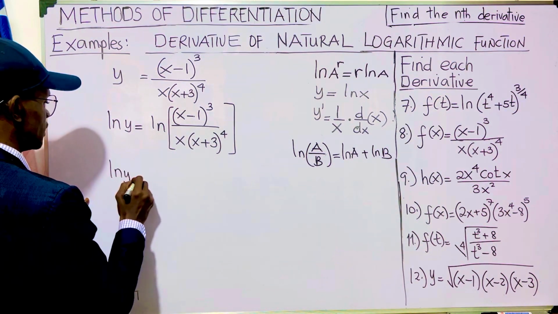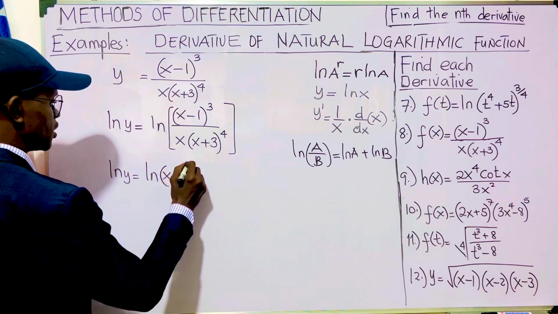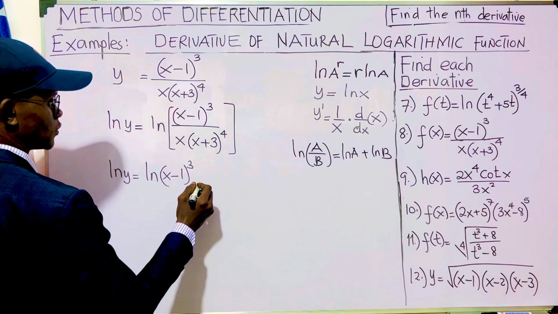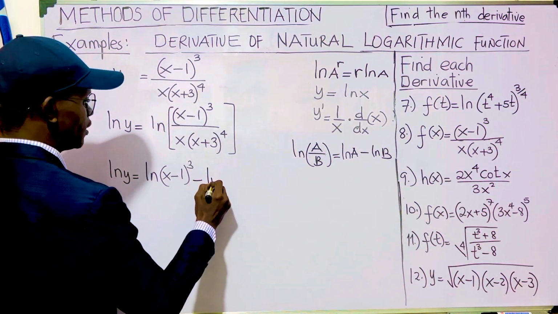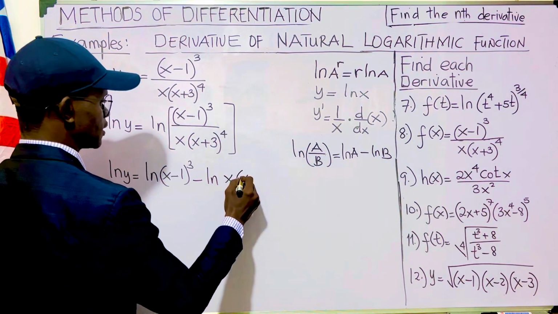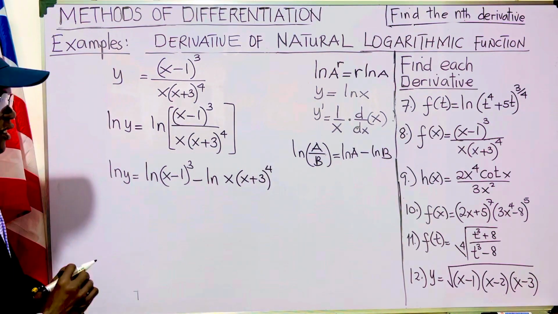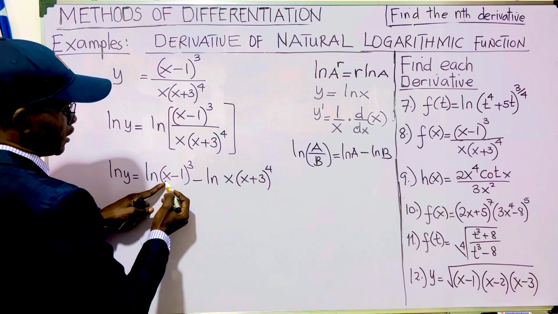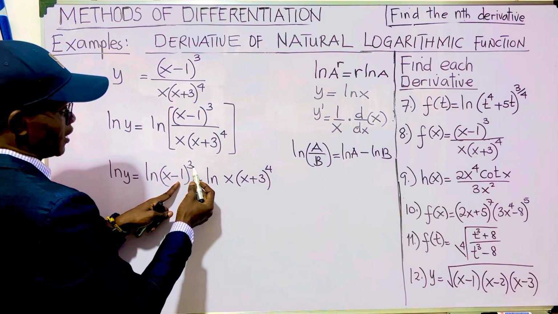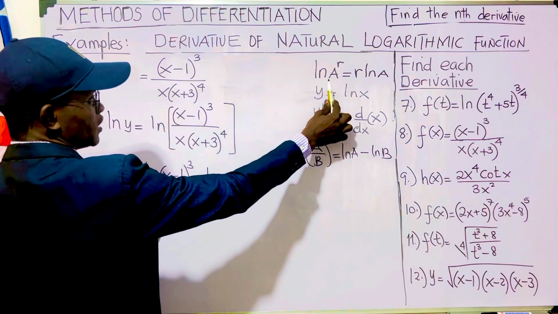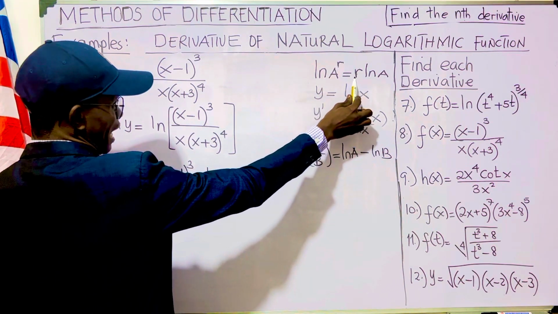So ln of y is equal to ln of x minus 1 raised to the third power, sorry, this is minus ln of x times x plus 3 raised to the fourth power. We already know that ln of x minus 1 raised to the third power can be rewritten in this form: ln of a raised to r is equal to r ln of a.